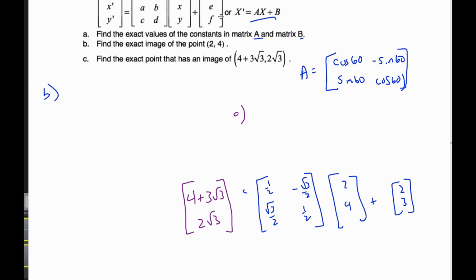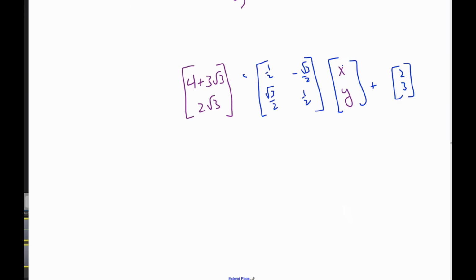And so now this is going to be my x and my y, and I have to solve for x and y. In order to solve for x and y, I'm going to subtract this vector over. I could think about it as x prime is equal to ax plus b.